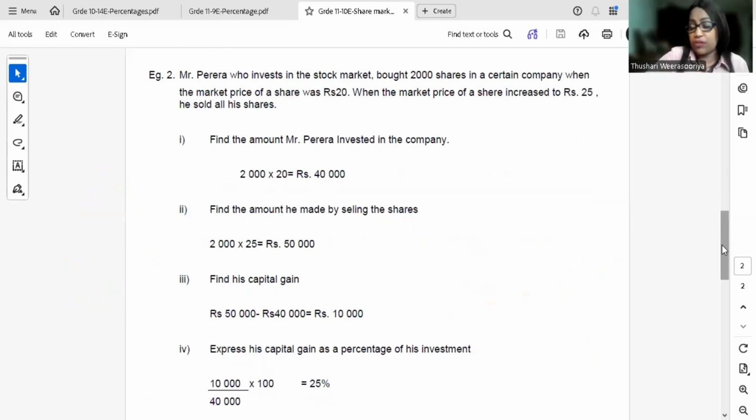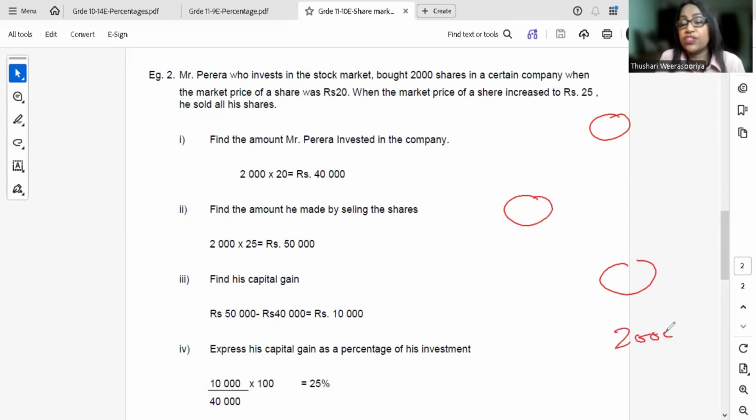Now, this is a stock market question. We'll draw the 3 circles. Mr. Pereira, who invests in the stock market, bought 2,000 shares in a certain company when the market price is 20.